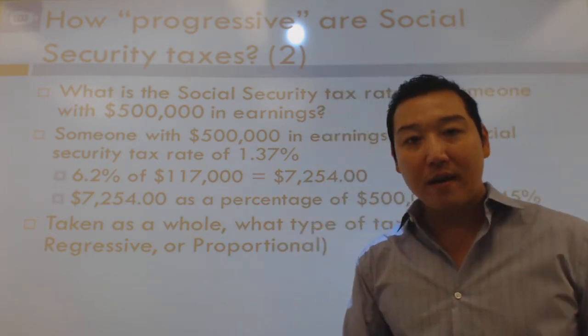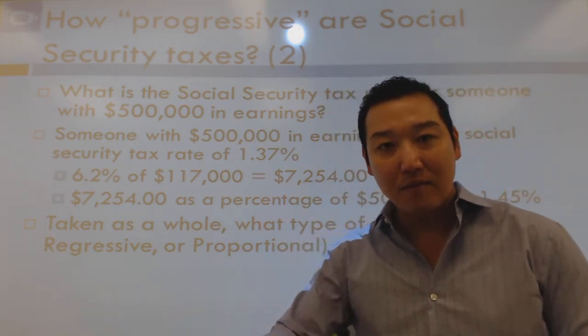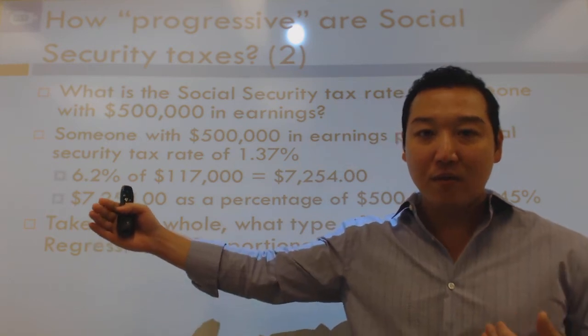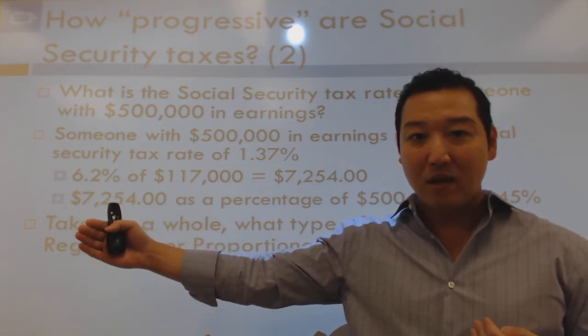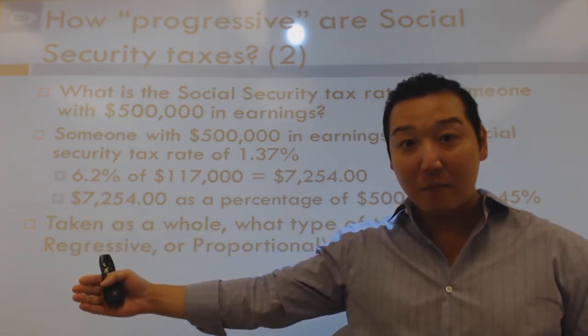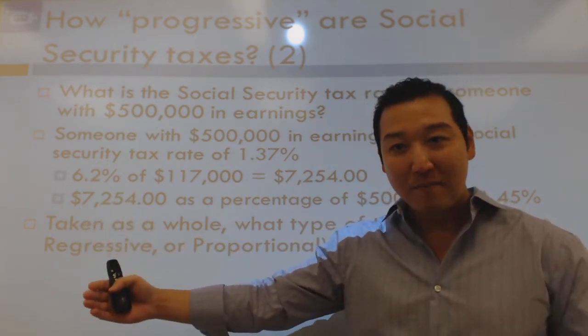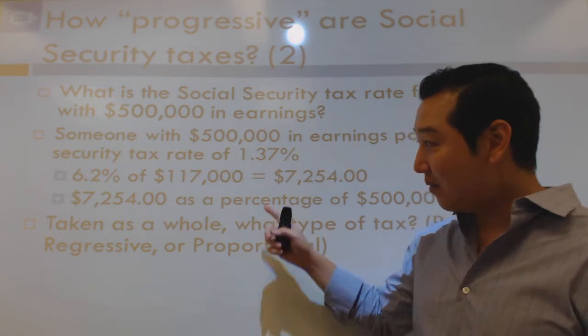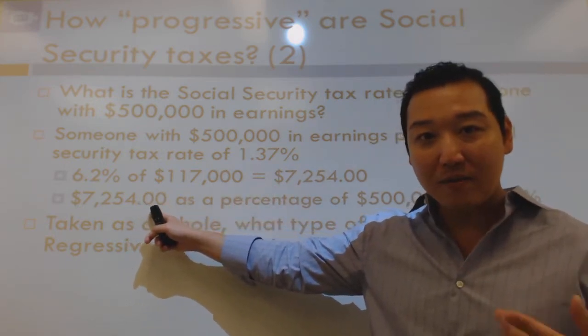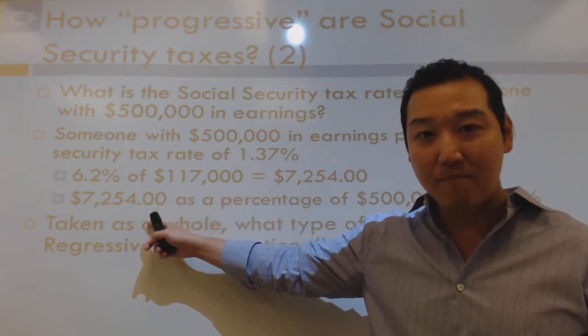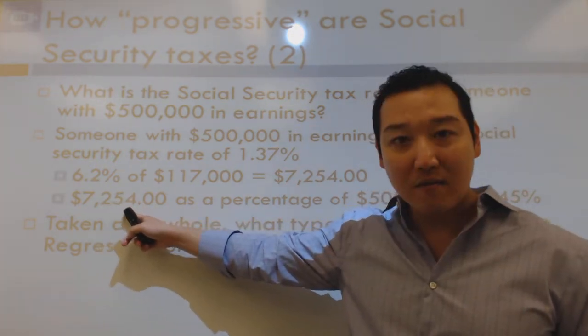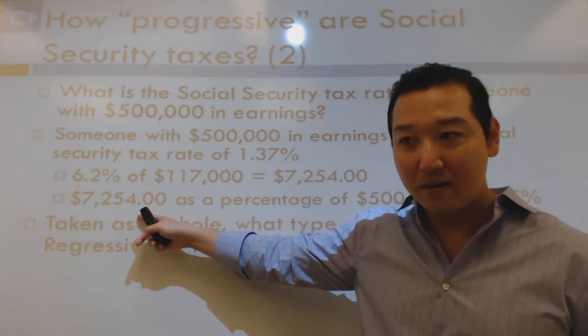And so recall that beyond $117,000 all the way up to $500,000, so almost $400,000 of earnings, escapes any sort of Social Security tax, right? That's how the structure works. And so if we're assessing the rate of tax to the $500,000 worker, we know that this person pays $7,254 in the way of a tax.